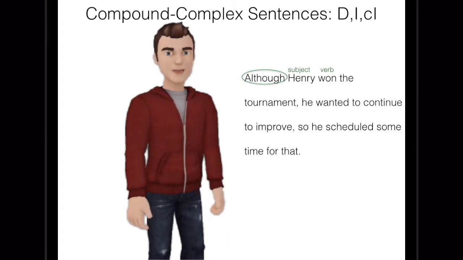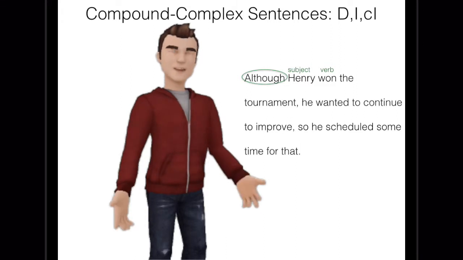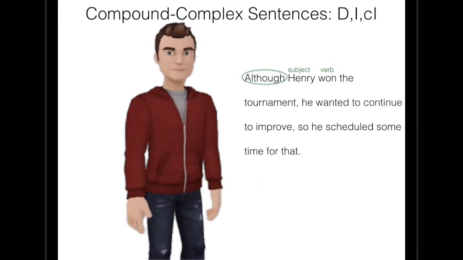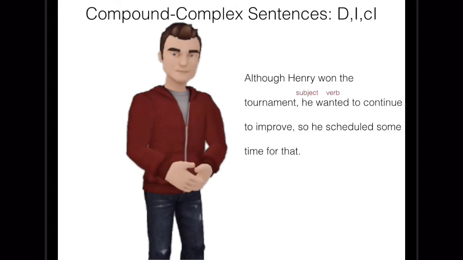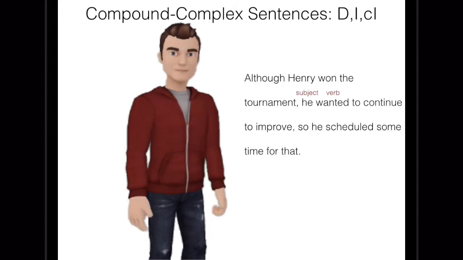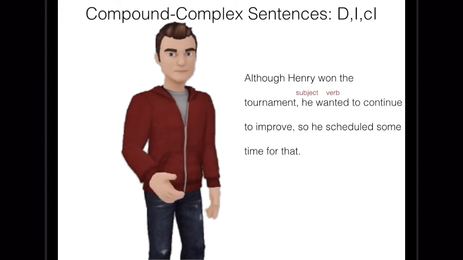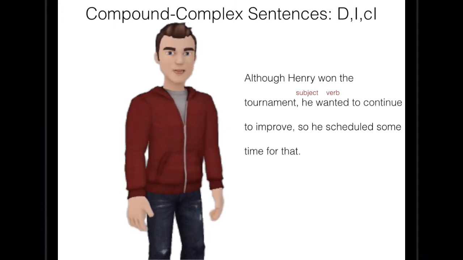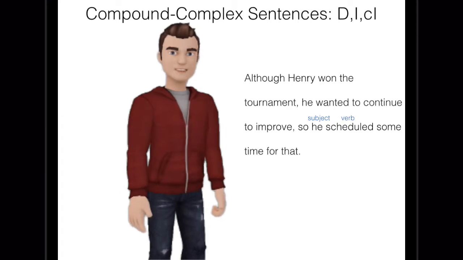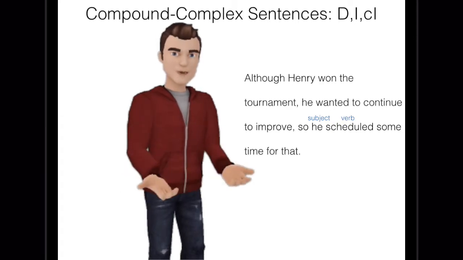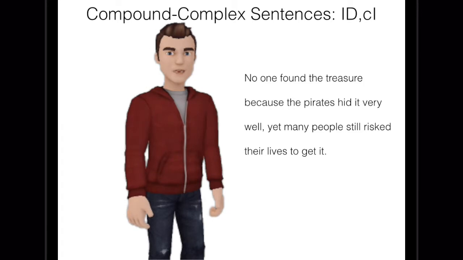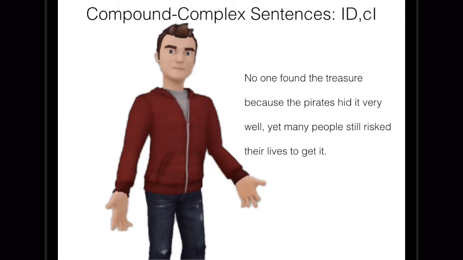Then we have a comma, because when we begin sentences with a dependent clause, we have a comma after that. So now we're going to look for the next independent clause. So we have he wanted. We have a subject and verb there. Okay, then you'll notice that we have a comma and a conjunction, so, and then we have another subject verb after that, he scheduled.